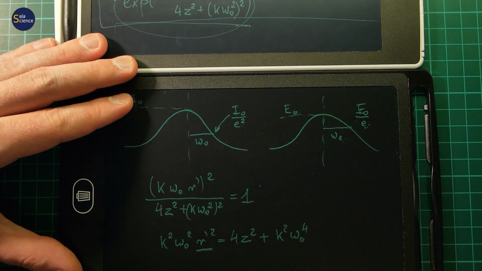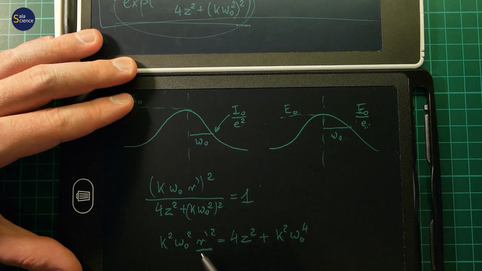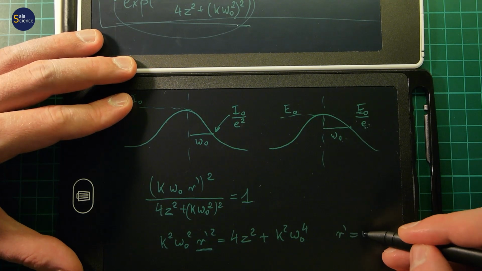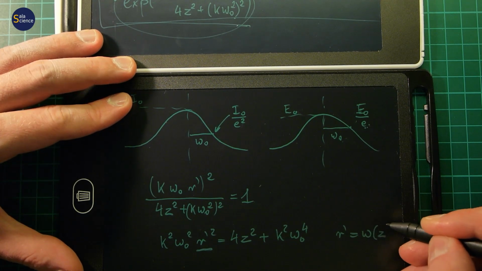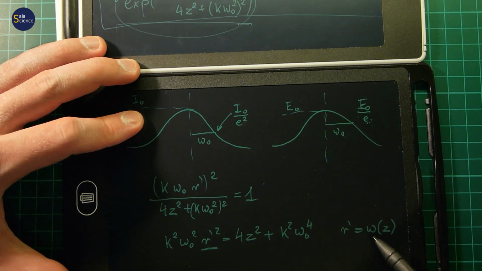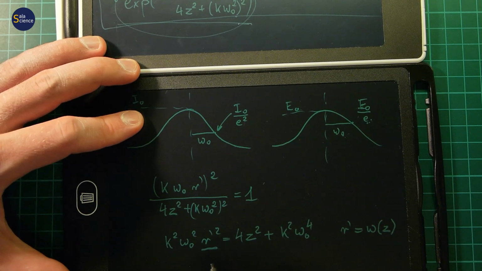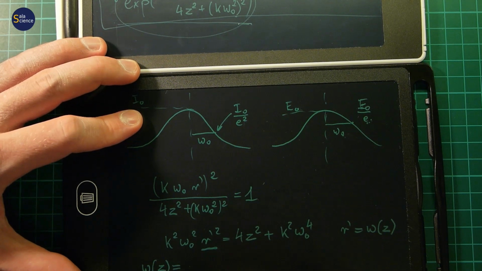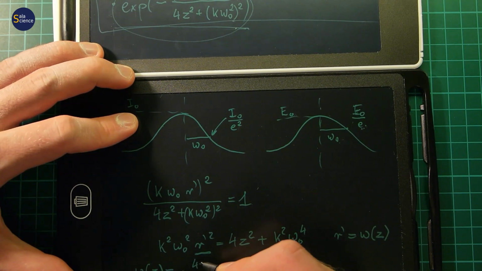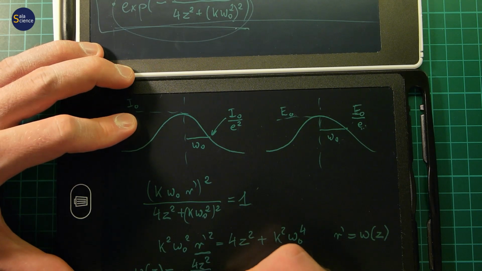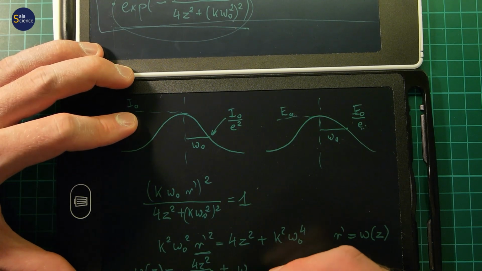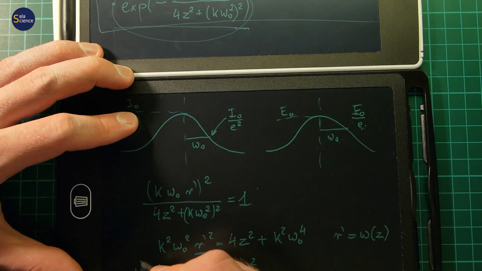R prime actually is the radius, so it will be the width. So r prime is the width at z. So we can write that the width for z equals 4z squared over k squared w naught squared plus w naught squared, and it is also squared.